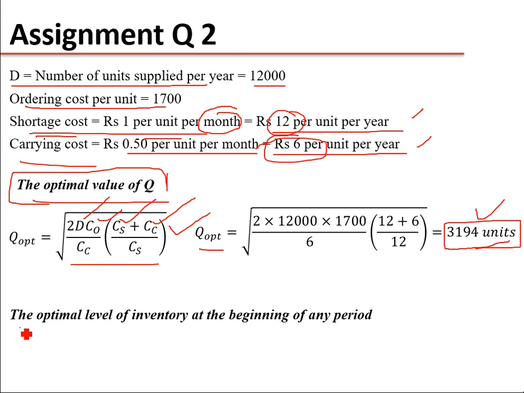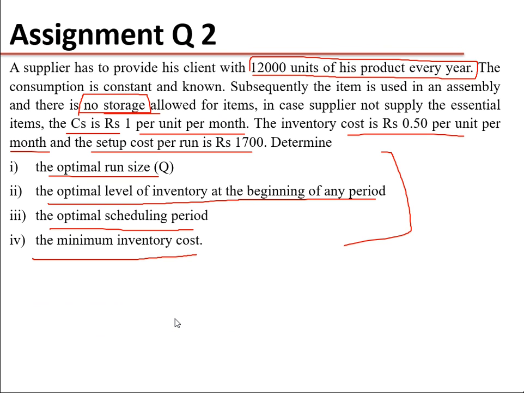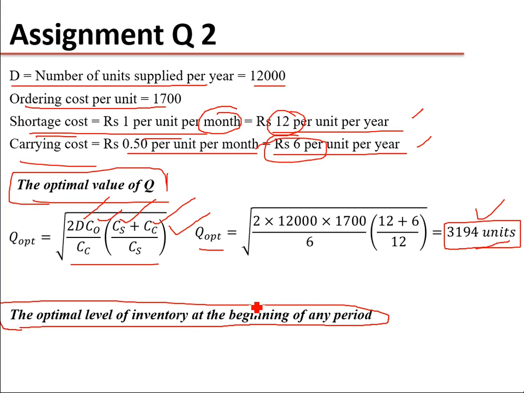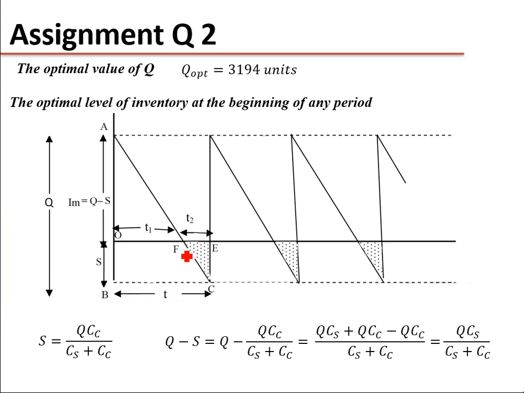Next we are going to find the optimal level of the inventory at the beginning of any period. As we know, in the case where shortages are allowed, consumption goes on, and at that point the inventory goes to 0.